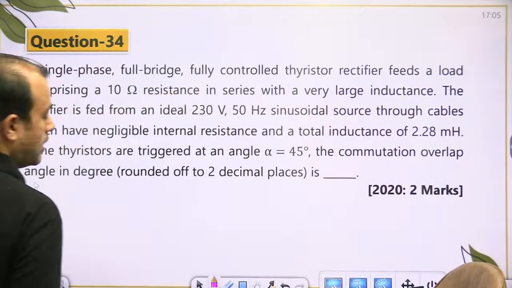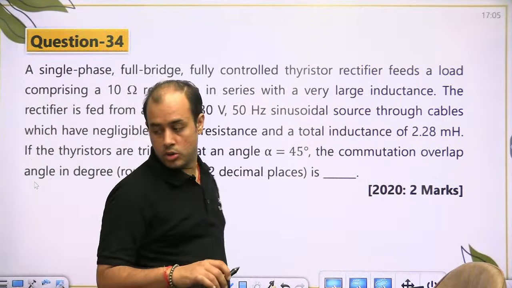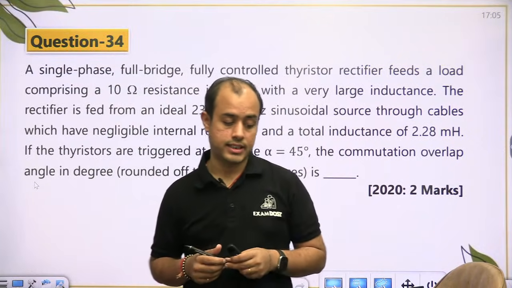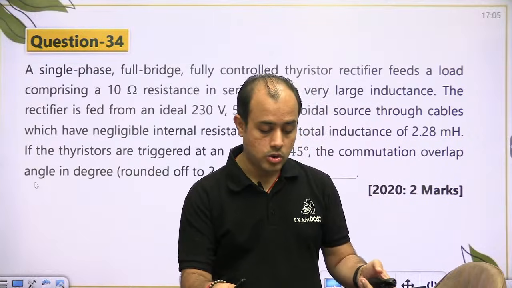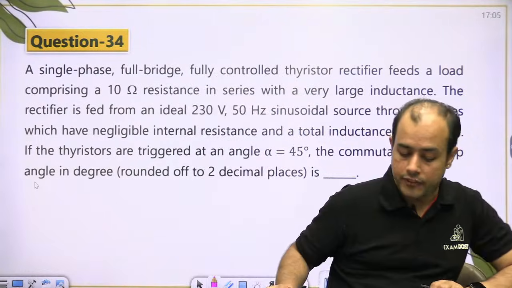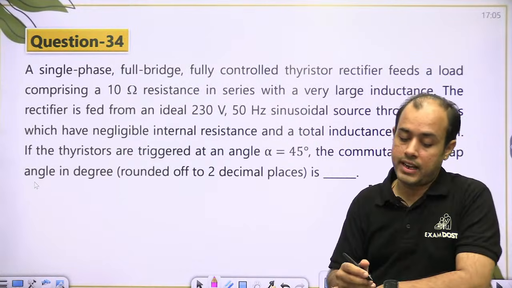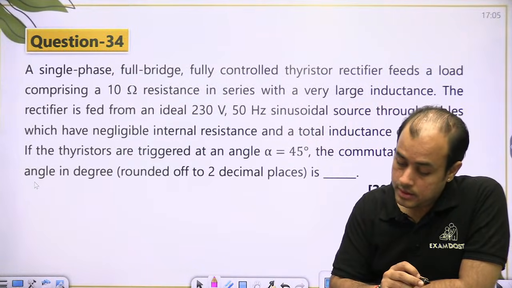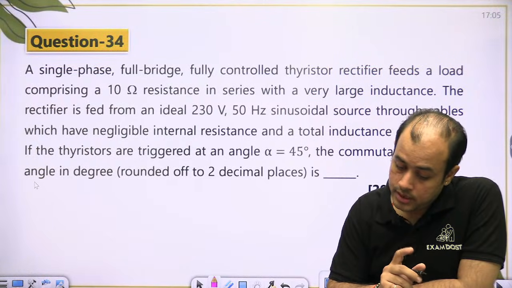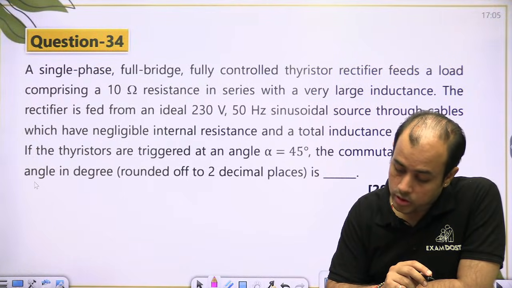देखिए भाई, a single phase fully controlled thyristor rectifier feeds R with a large inductance from ideal 230 volt 50 hertz source. Inductance is given, alpha is given. I need to know the value of mu. Now what we can do is, I know Ls, I know the value of alpha.